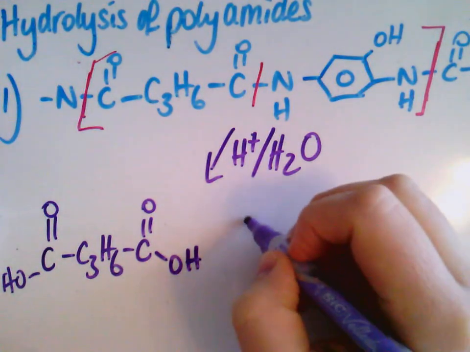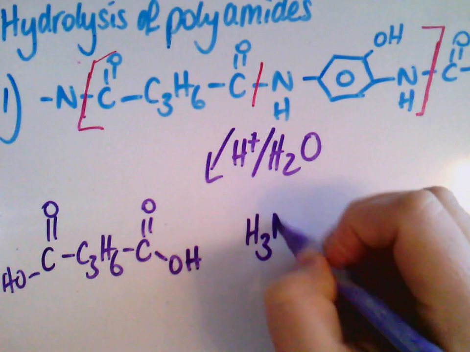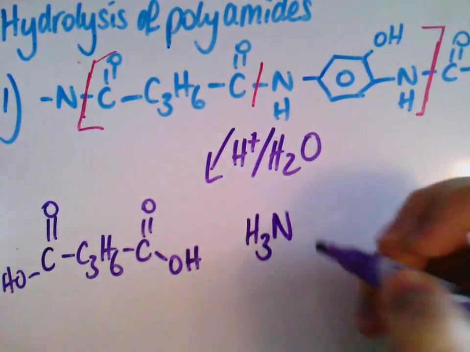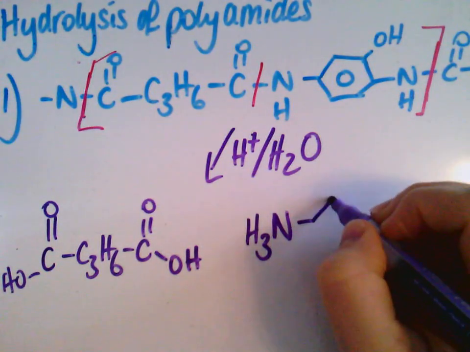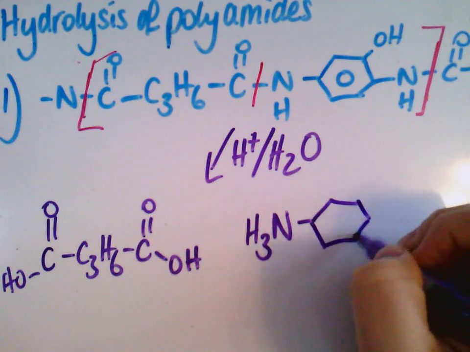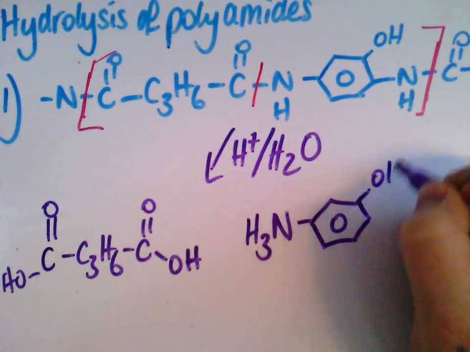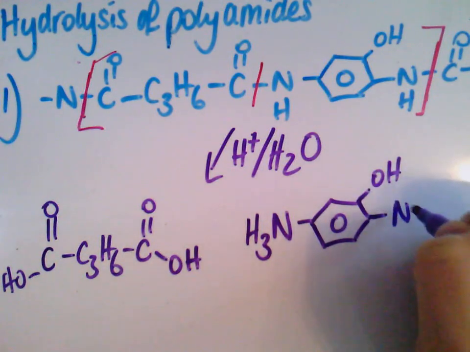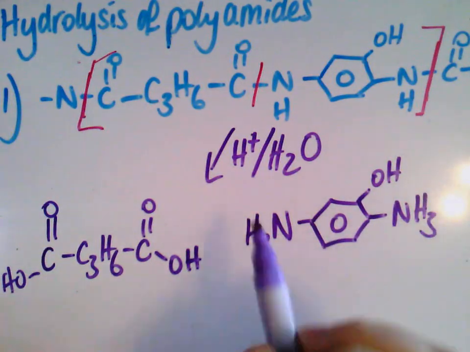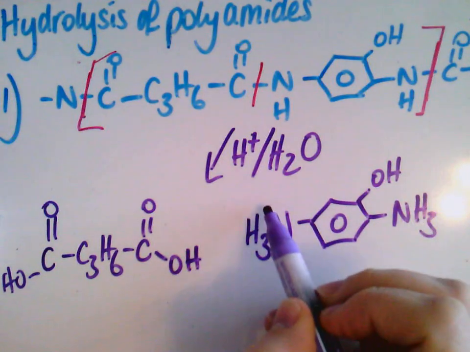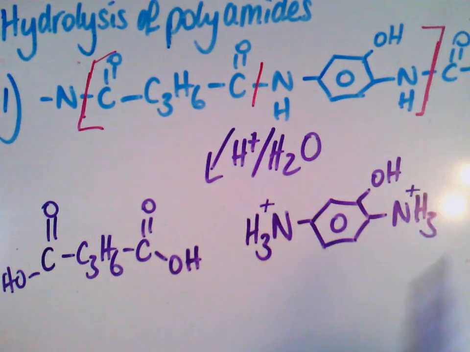And then my amine acts as a proton acceptor, and I get this produced, which, because we've got an extra hydrogen on each of those, needs its two positive charges. So that's the acid hydrolysis of this polyamide.